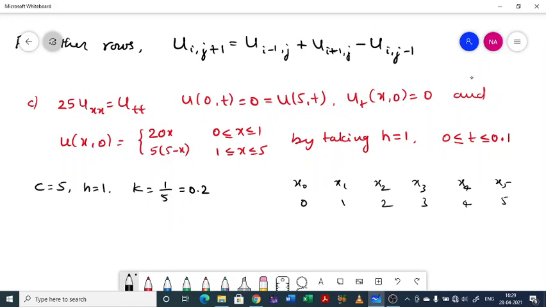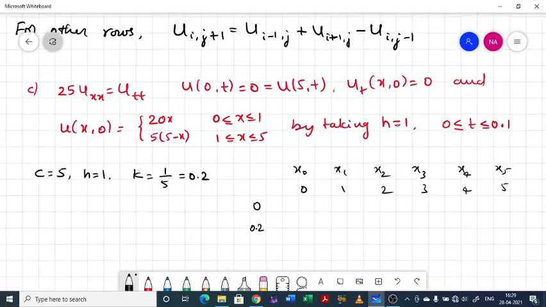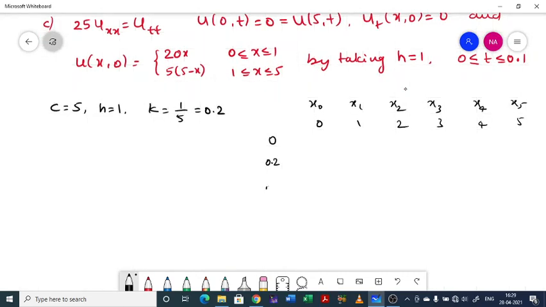T varies from 0 to 0.1. So you have to write here 0, 0.2, 0.4, 0.6, 0.8.